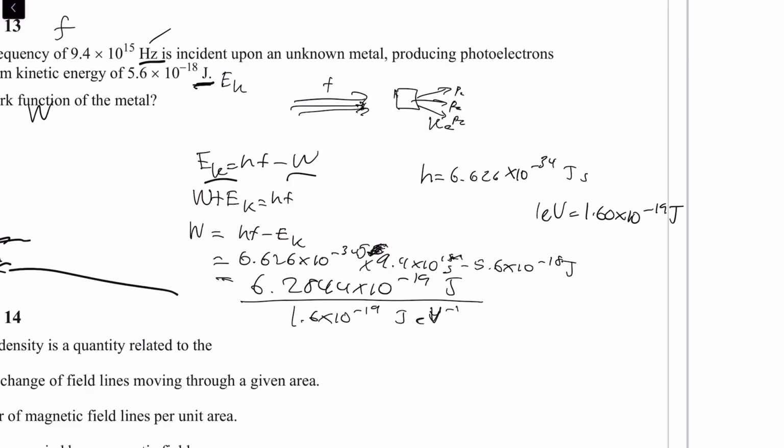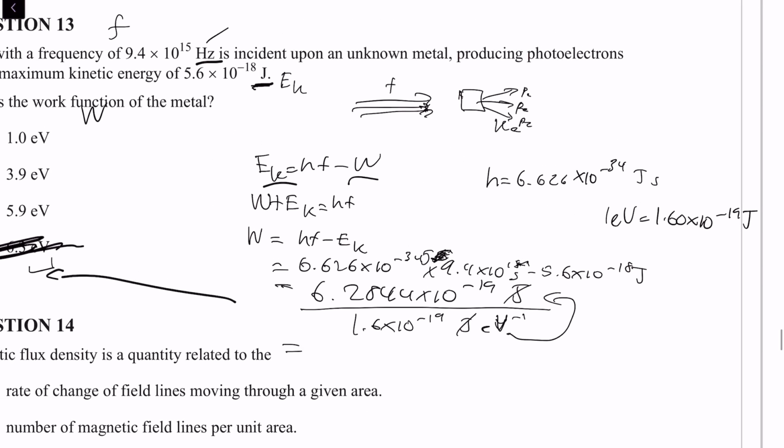Then I'm canceling these joules units, and I'm moving this eV from the bottom denominator to the top because it's a -1 power. It's a bit of maths revision, but as long as you know that we're dividing by 1.6 times 10 to the negative 19, that factor goes from joules to eV, then you should be all good, because it makes sense.